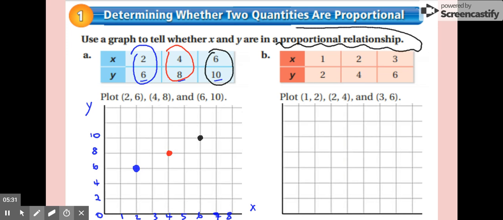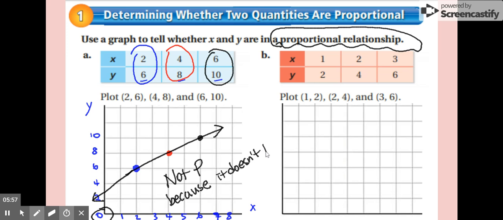Now we need to see if it's a proportional relationship. If you connect this, do you think this line passes through the origin or not? It doesn't pass through the origin, so it's not a proportional relationship, because it doesn't pass through the origin, 0, 0.